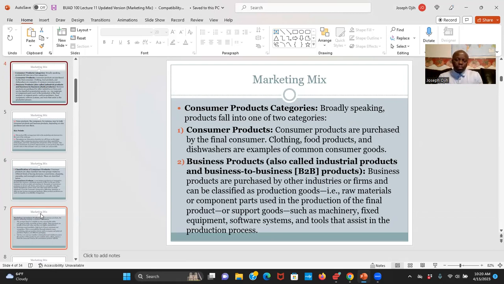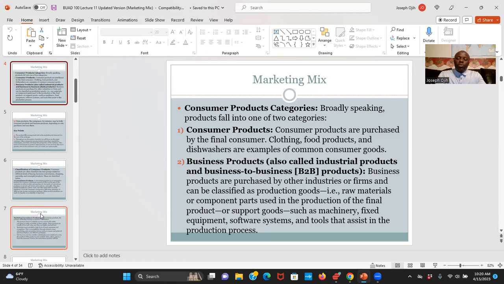We have the consumer product itself. I'll call it business to customer products. So this kind of product are purchased by the final consumers. The consumers buy it from the company or from the store. So they are sold directly to the consumers.